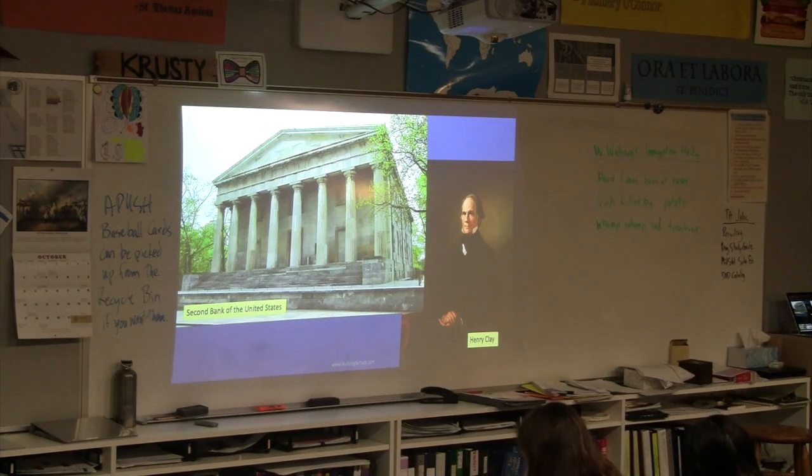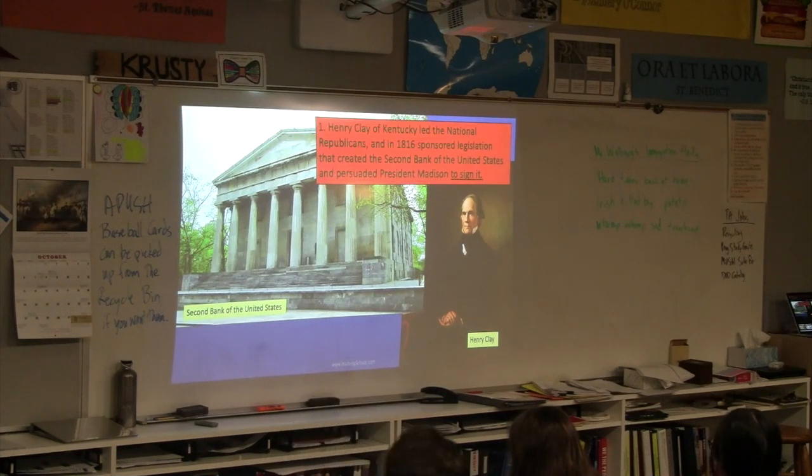They're probably the successor of the Federalists, but the Federalist Party isn't active politically anymore. But Henry Clay is kind of that wing, the nationalist side. And in 1816, he sponsored a bill to create a second Bank of the United States, which is simply known as the BUS, and persuaded Madison to sign that bill and to rebuild central banking in the United States.